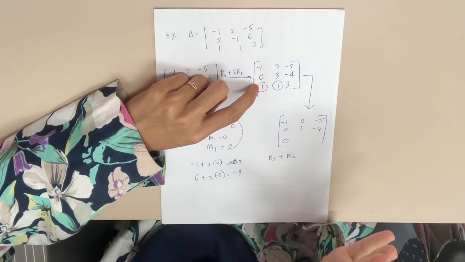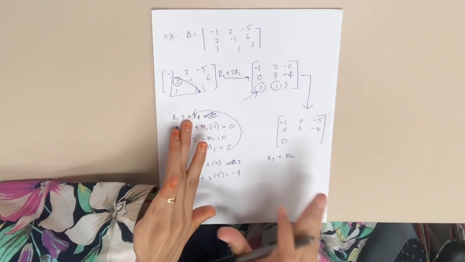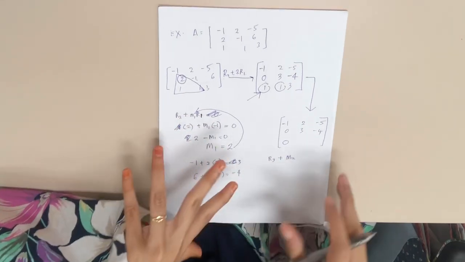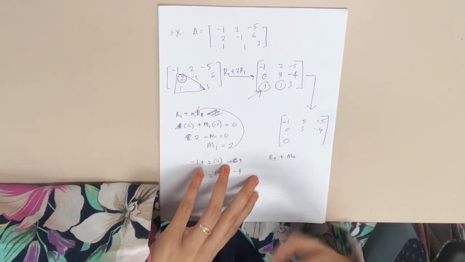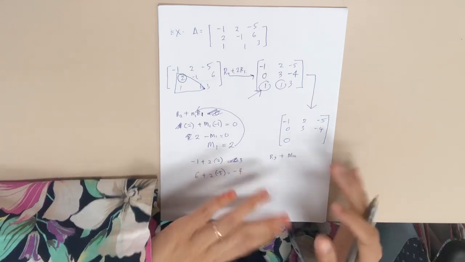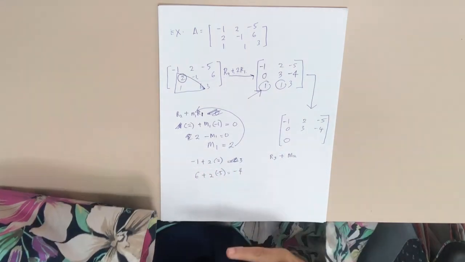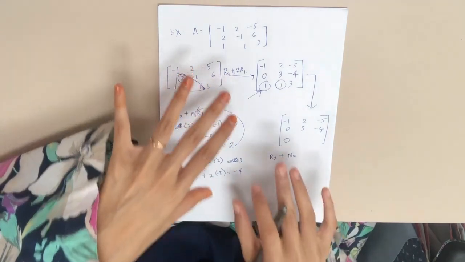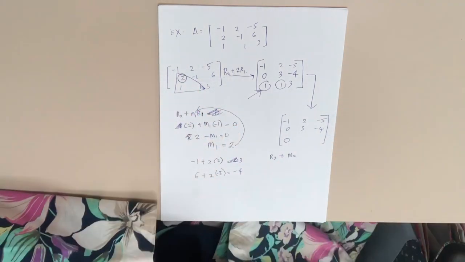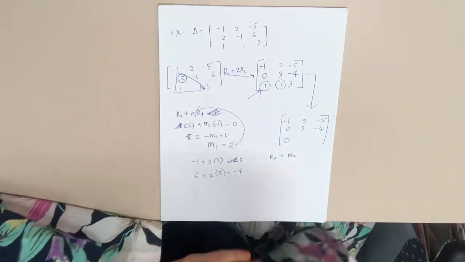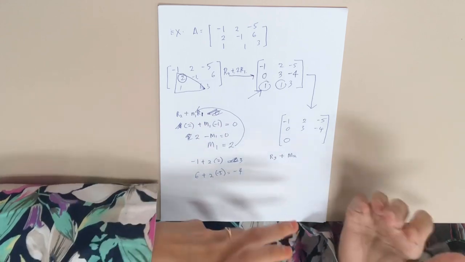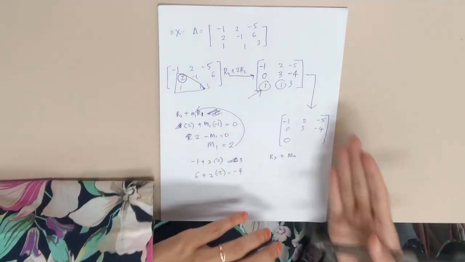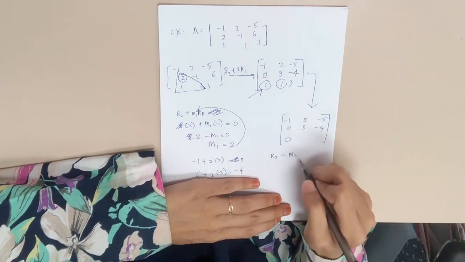I use m2 to differentiate between m1 and m2. You can use any alphabet, doesn't matter, tak ada masalah. But as long as you understand which one is the first one just now, which one the second, which one the third later on, supaya you tak careless. So I use m2 to represent the second process.